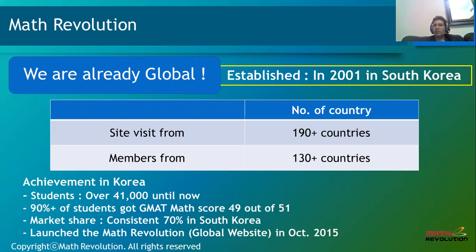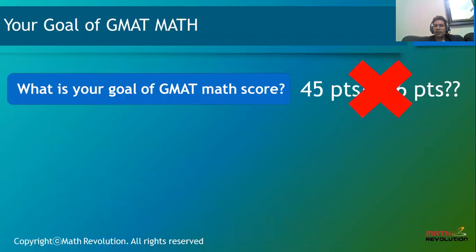The Math Revolution website was launched in October 2015, and we live up with the same goal that a GMAT test taker lives with: Q49, 50, 51, or at least 47, because the Q score always goes with verbal, and the combined score is required for your application to pass through.